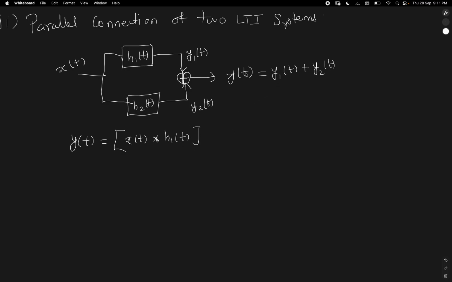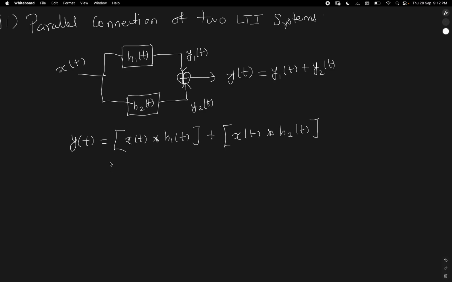As you know, the y1 of t is the response of the first system, which is nothing but convolution of the input x of t and the impulse response h1 of t. Similarly, for the second system, it can be written as x of t convolution h2 of t.